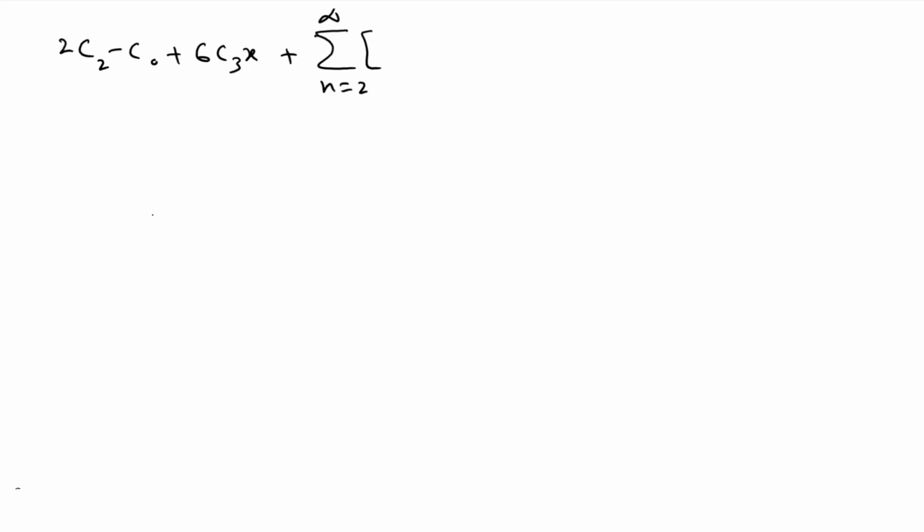So let's combine them. So you're going to have n plus 2, n plus 1, cn plus 2, minus, no, plus, actually a minus, I'm sorry, it's a plus, n.